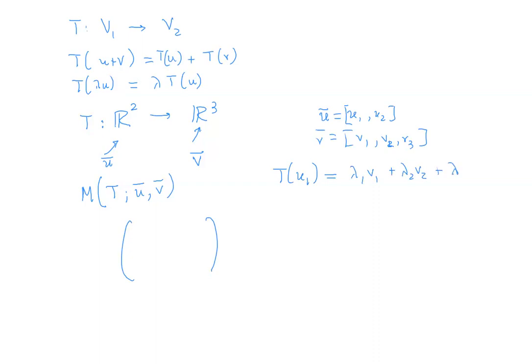And of course, these numbers are going to be unique. You take these numbers and you set them as a column in this matrix. And then you do the same thing for the other vector, and you have another column, and that gives you a 3x2 matrix, which fully represents this map.